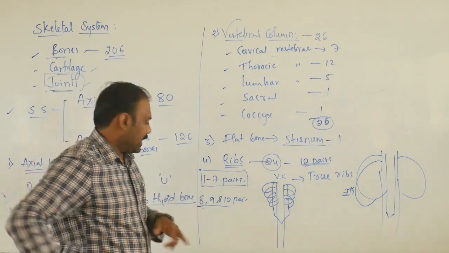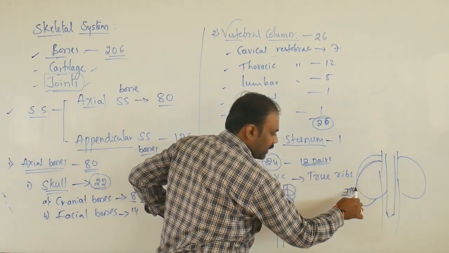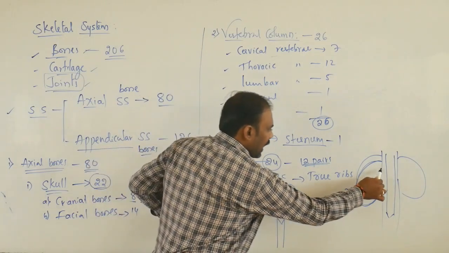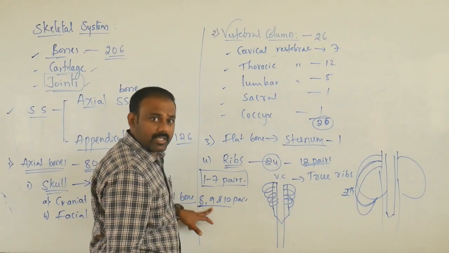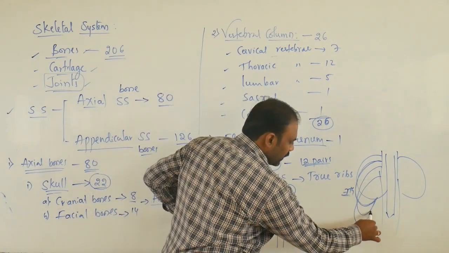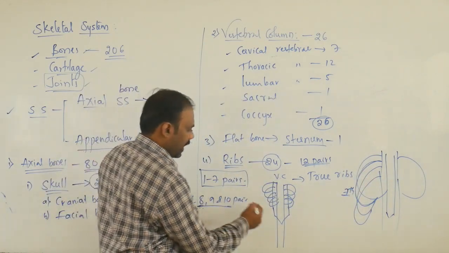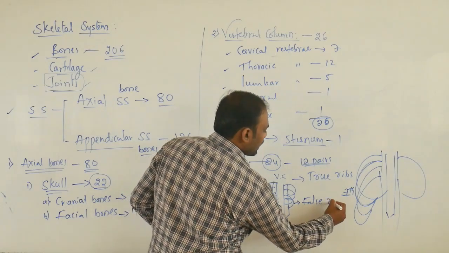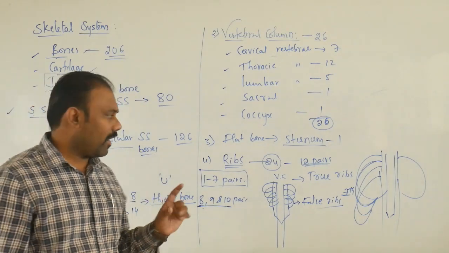The 8th pair is attached to the 7th pair, the 9th arises from the vertebral column and attaches to the 8th, and the 10th attaches to the 9th. So the 8, 9, 10 pairs are called false ribs. Remember the word false ribs.